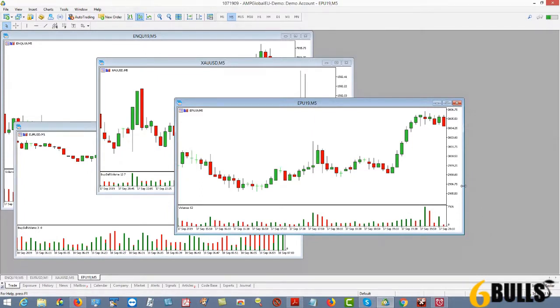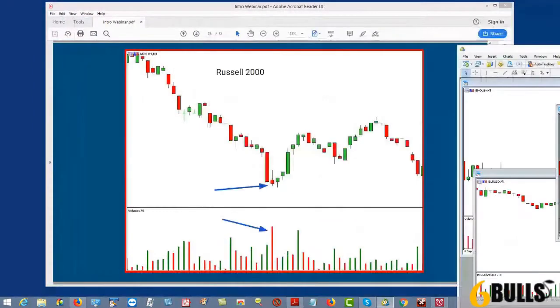Now, these charts happen to be current charts, from just a few minutes ago. I pulled them right before the webinar started just to show you that this inability to determine a true reversal from a momentary pullback is what hurts traders. This is how people lose money.